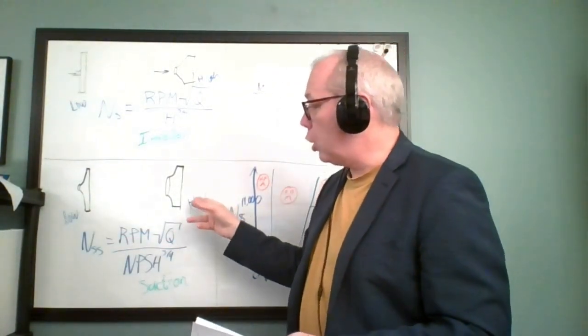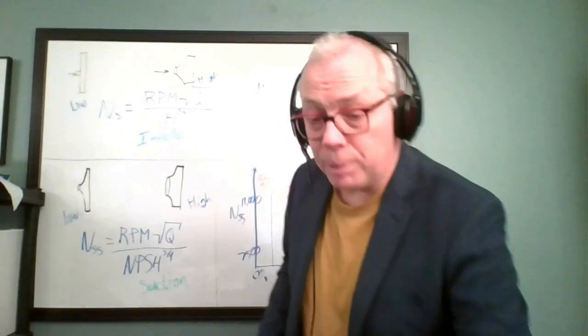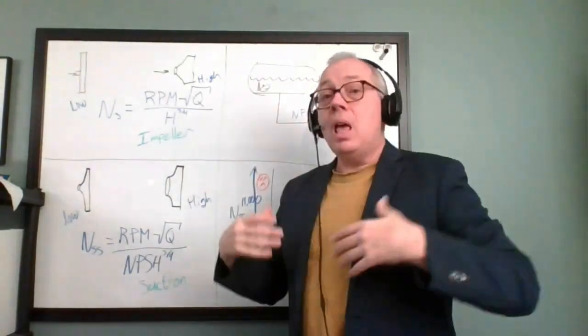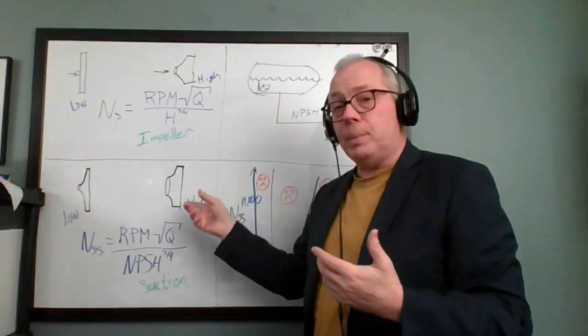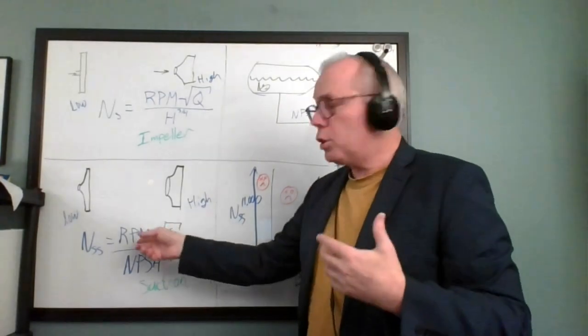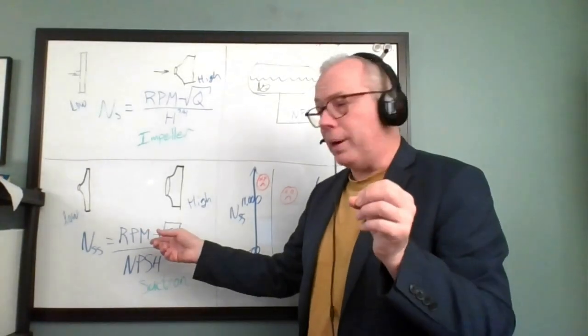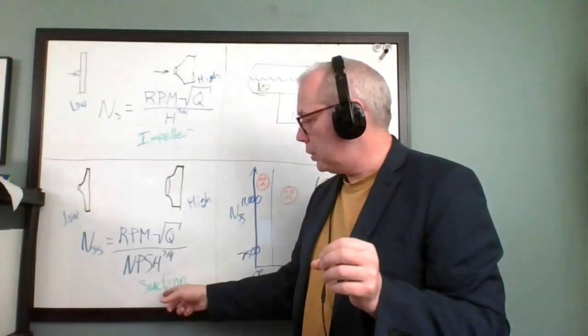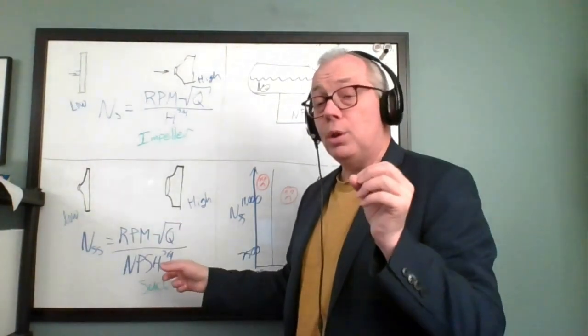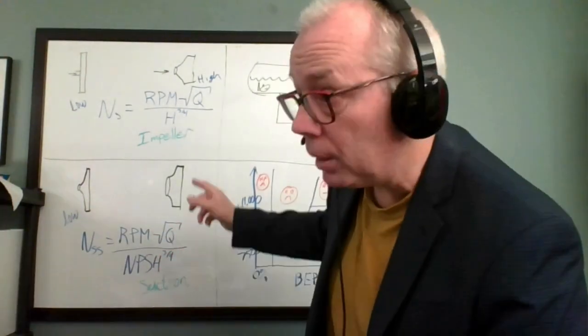If there's a large diameter inlet to the impeller, so if it's like that big around, this has a high suction specific speed. So suction specific speed is a geometric number that tells us something about the suction to the impeller casing and the impeller eye.